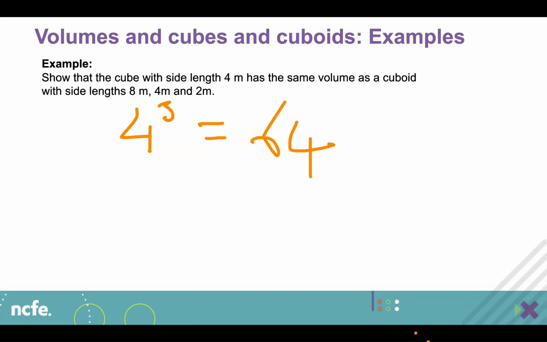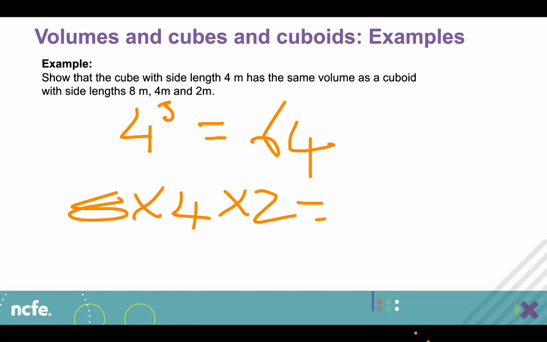And the volume of the cuboid is ABC. Let's assume A is 8, B is 4, and C is 2. It would be 8 times 4 times 2, which equals 64. So the answers are the same, guys.